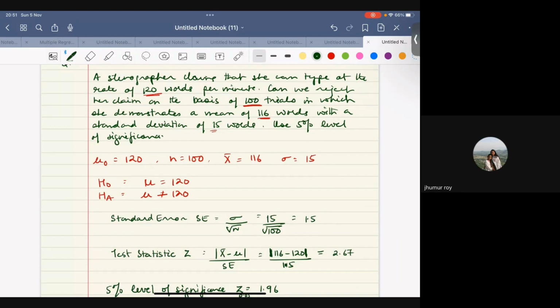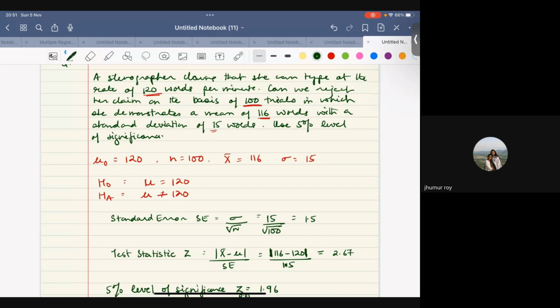It means that the stenographer said that she is typing 120 words per minute. But you have asked her to type 100 times. Now, in these 100 times, you found that she has generally been able to type only 116 words.